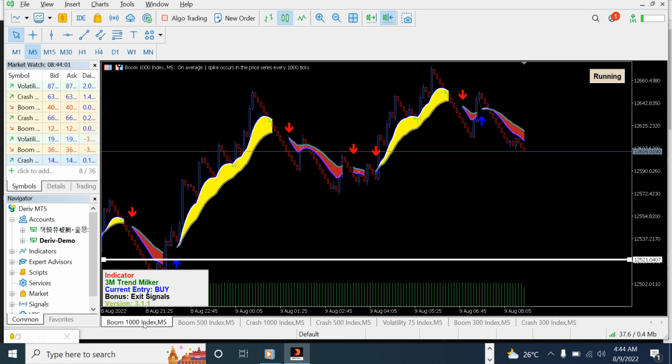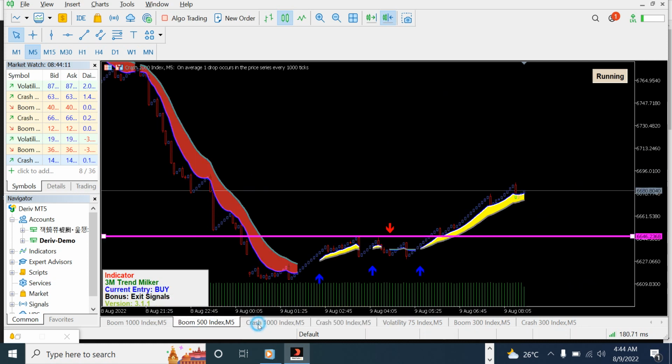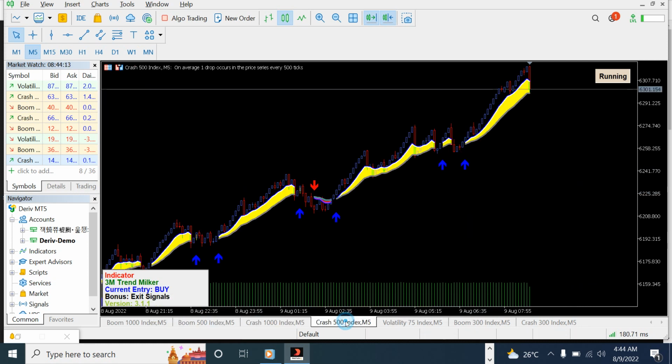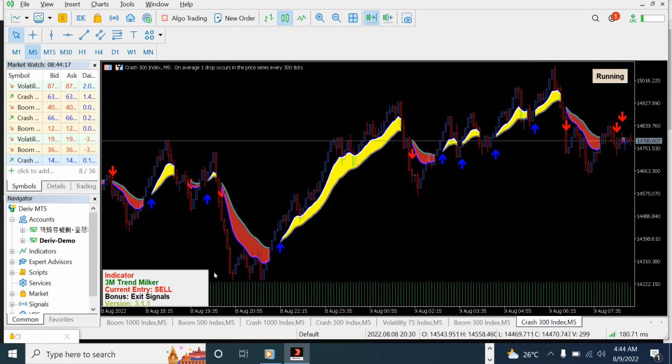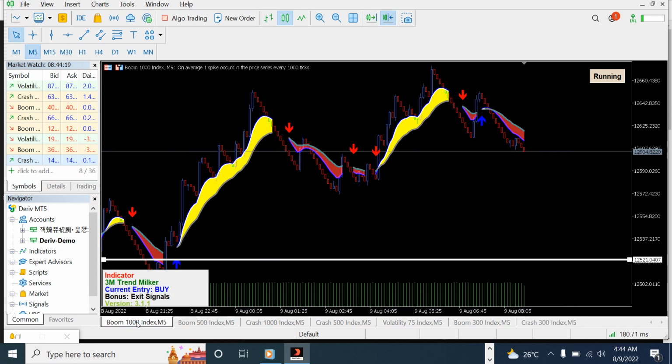Okay guys, the first thing I want you to do is to have all these charts open. Just the way I'm opening them, you can see I can move from one chart to another just clicking on the tabs below here. Another thing is that you can use the same time frame for each and every one of them. Personally, I love starting from M5, so I will be using M5.